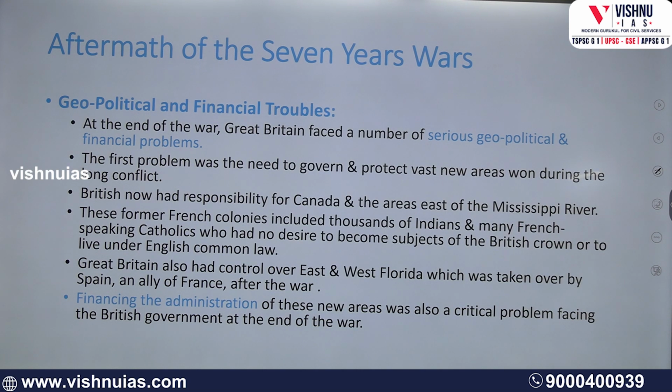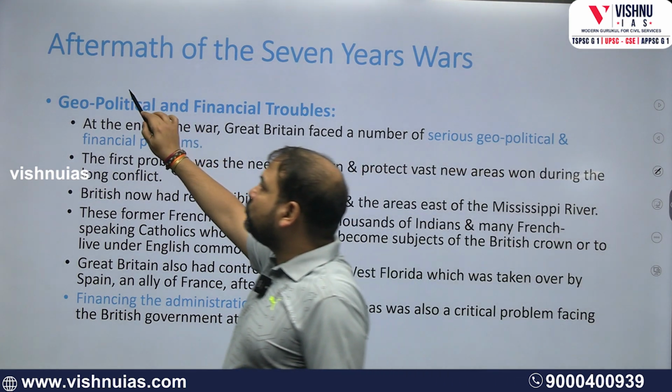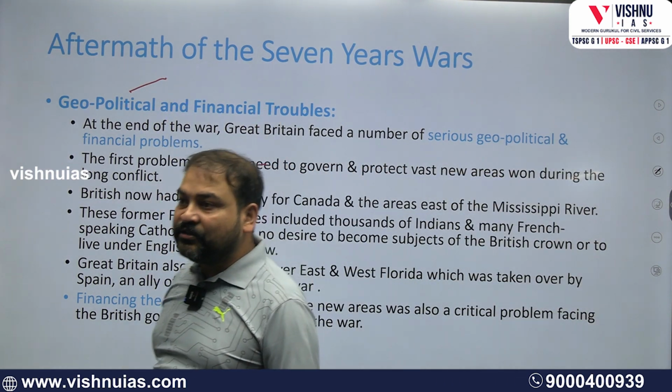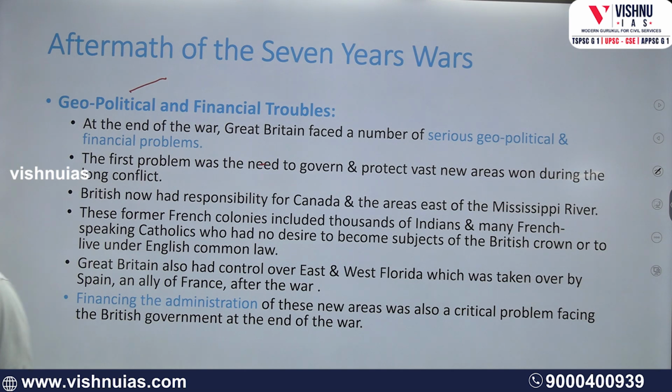Each one of you, you can see I said two words: geographical and financial. Geographical is what? The land which has been now vacated by France is being occupied by whom? The British. And they have to run the administration over there. That's your geographical.